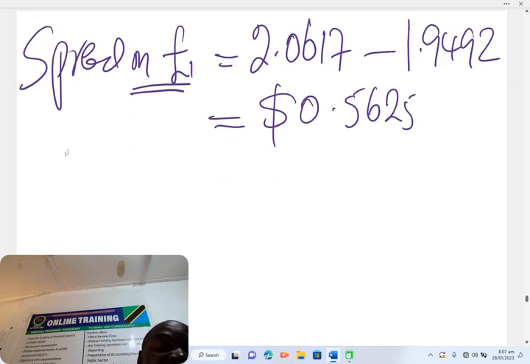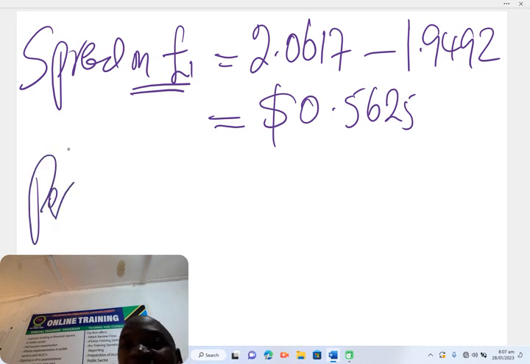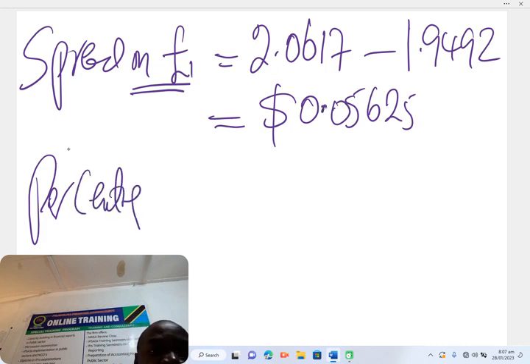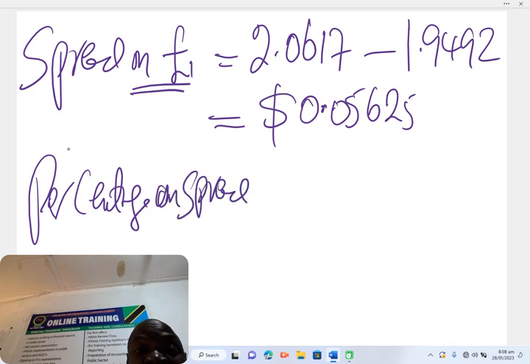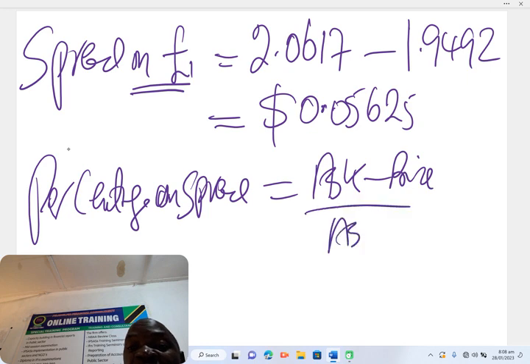Kwa hiyo sasa neno percentage on spread. Sawa na ask rate minus bid over ask times 100.